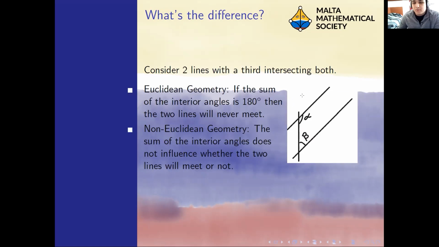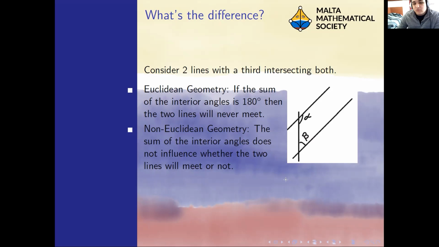Euclidean geometry is based on Euclid's axioms, one of which is that if you have two lines intersecting a third, and the sum of the interior angles is 180 degrees, these lines will never meet. But in non-Euclidean geometry, this may not be the case.